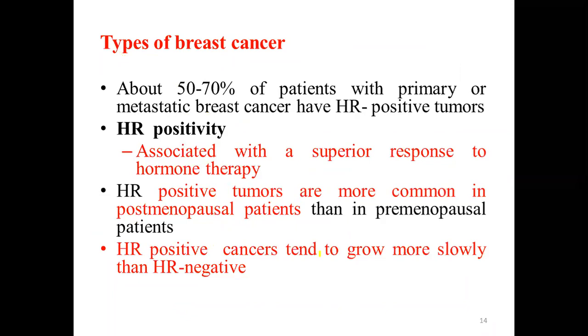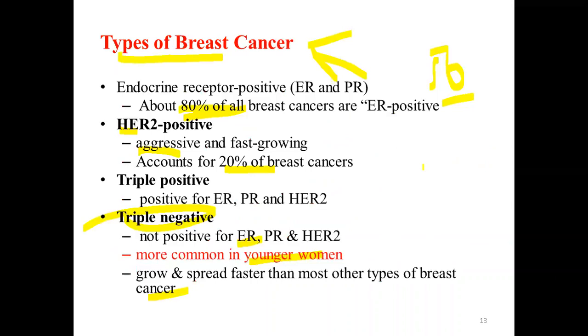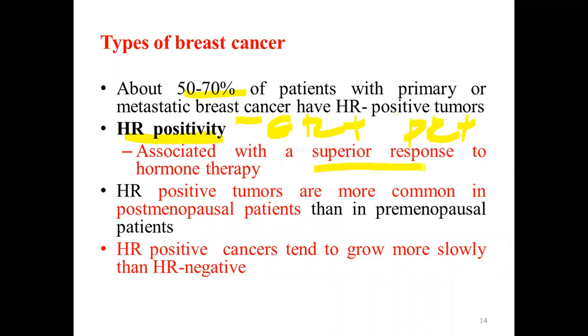As I said before, the majority of them are usually ER or PR positive. Another thing to note is that the higher the hormone receptor positivity, that means ER positive or PR positive, the response is usually very good with hormonal therapies.